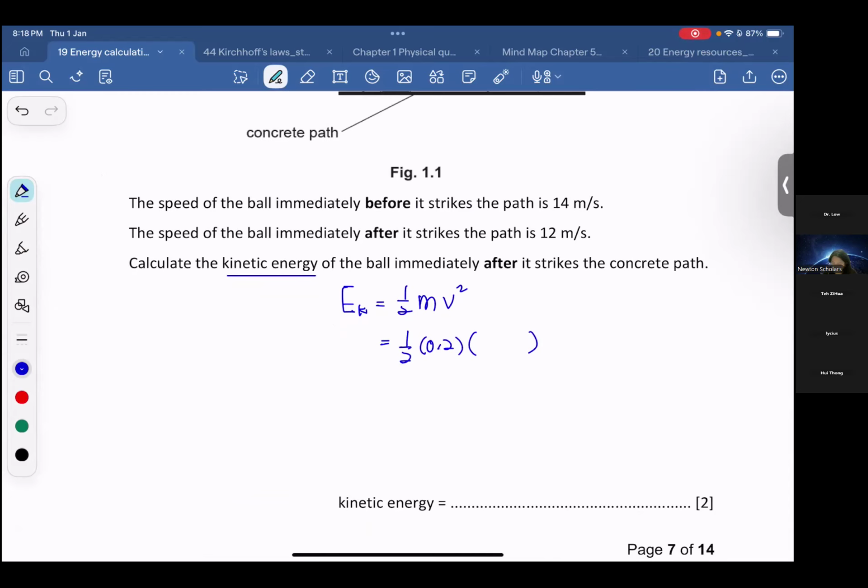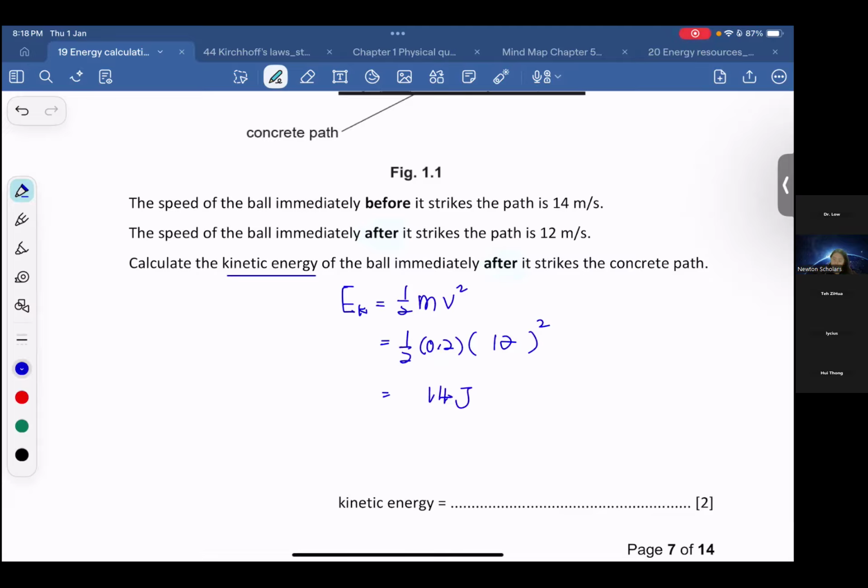The speed of the ball immediately after, so here is after. So we are using this. After is 12, 12 squared. That's all. So you can just use this to find the answer. If you calculate correctly, it should be like 14 joule, if not mistaken.